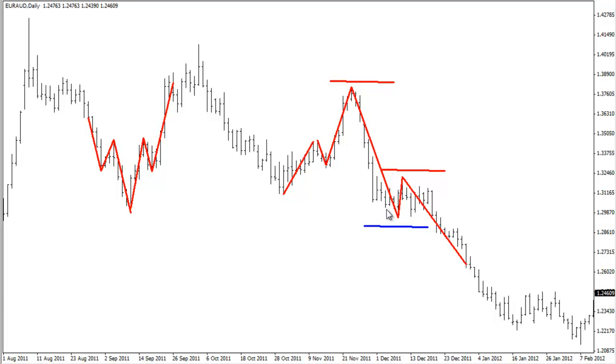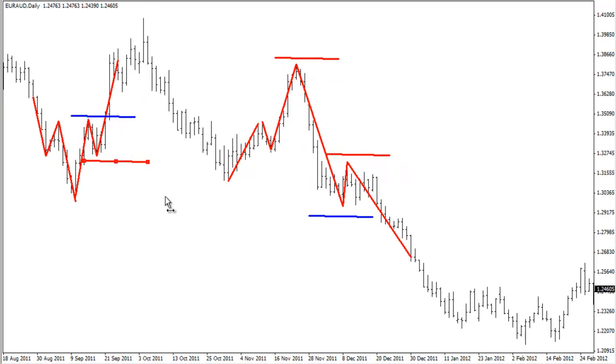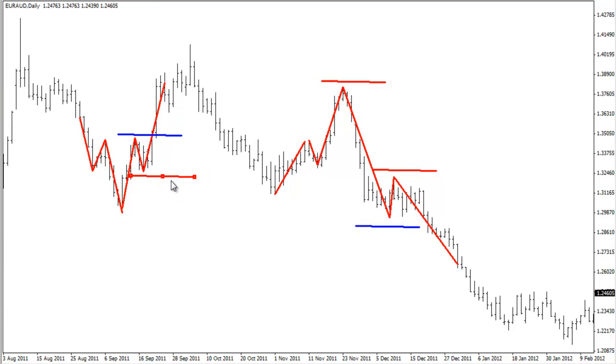Again, we're looking to take the break of that shoulder line, so we'll look to trade from here as our entry, and our stop loss can be either underneath the first shoulder, or to play it safe, underneath the head there to give a higher probability trade.